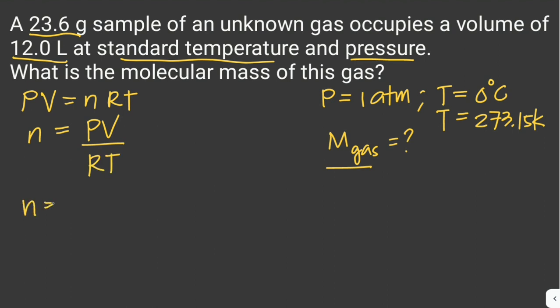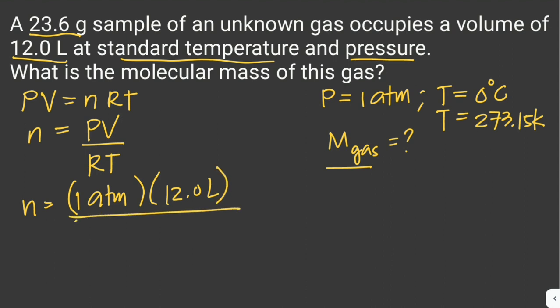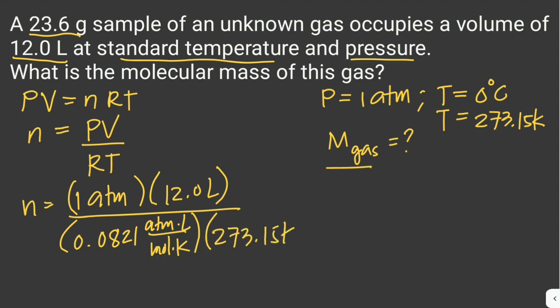So we have our pressure, which is 1 atm, and our volume, 12 liters, divided by the ideal gas constant, 0.0821 atm liter per mole Kelvin, times the temperature, which is 273.15 Kelvin. So this is equal to 0.54 mole.